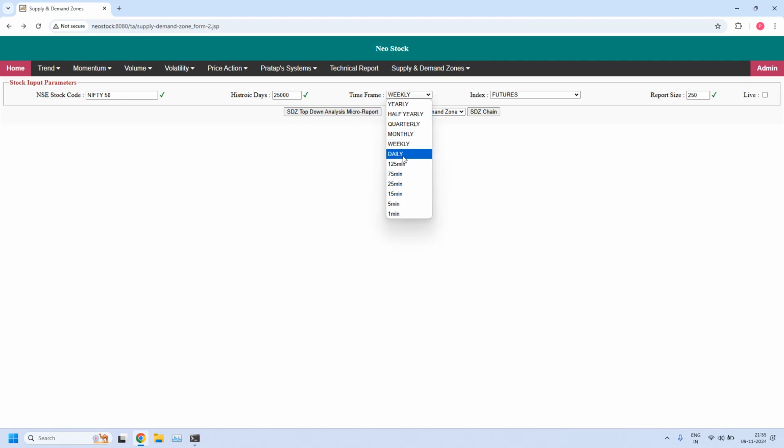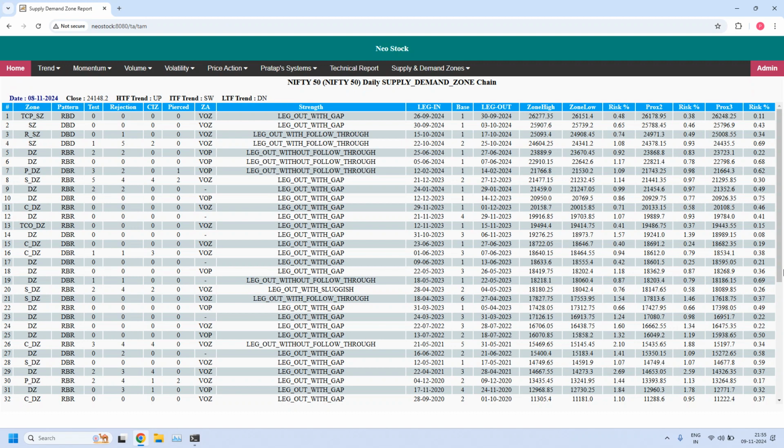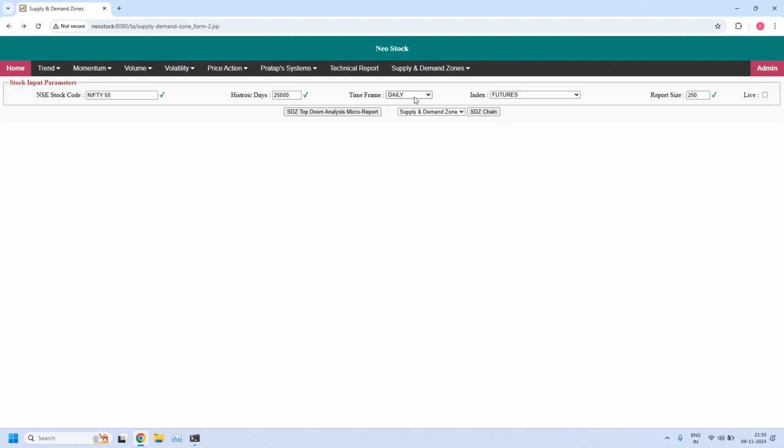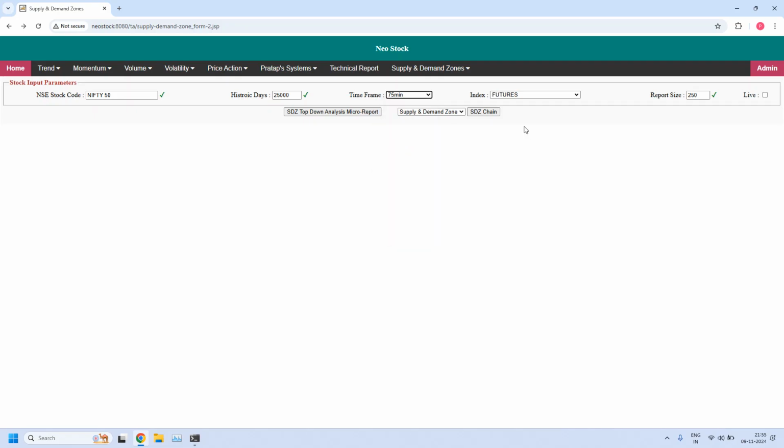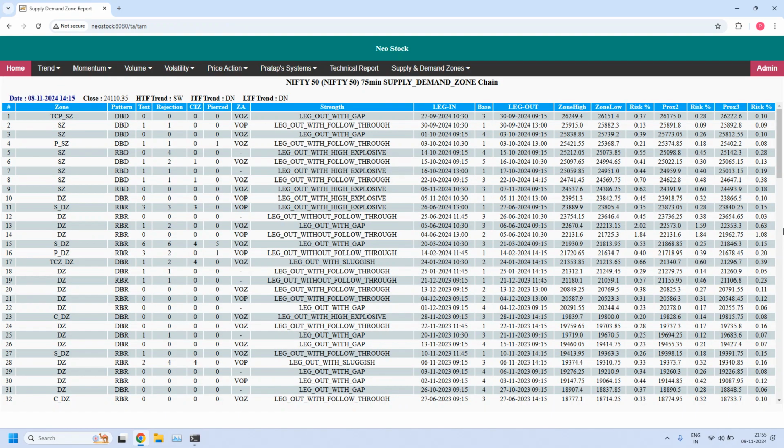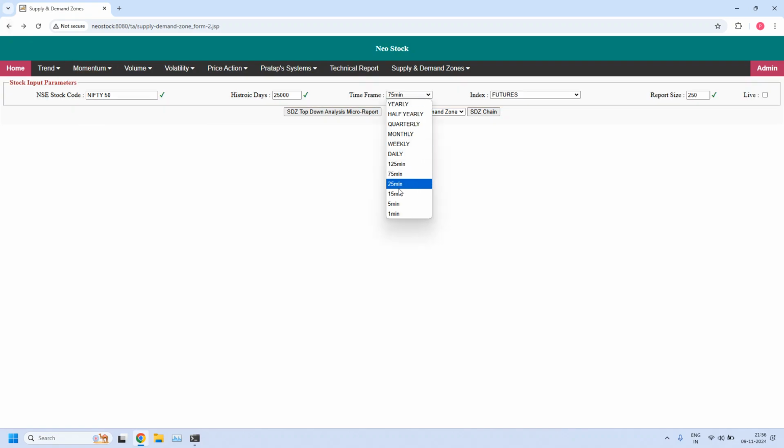Next is the daily supply demand zone chain. Next, 125 minute supply demand zone chain. Next, 75 minute supply demand zone chain. Next, 25 minute supply demand zone chain.